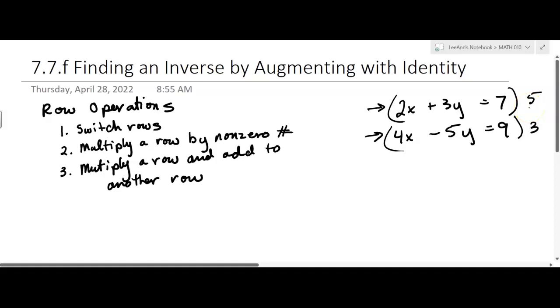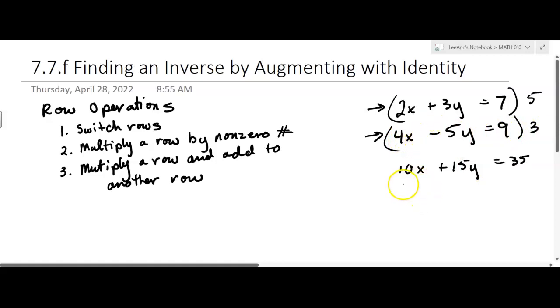Now, the tricky one is when we multiply and add. So let's say we multiply this top row by 5, getting 10x plus 15y equals 35, and then we're going to multiply this bottom row by 3 and add it to the top row.